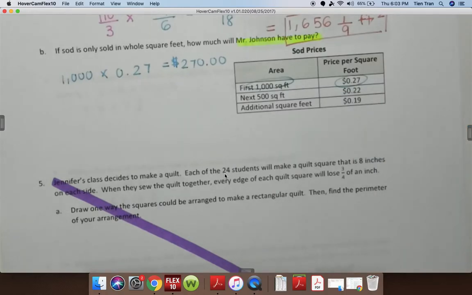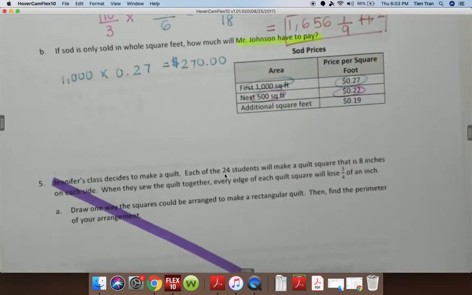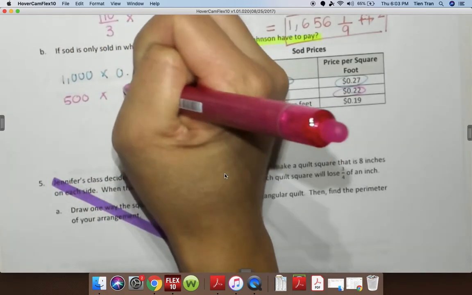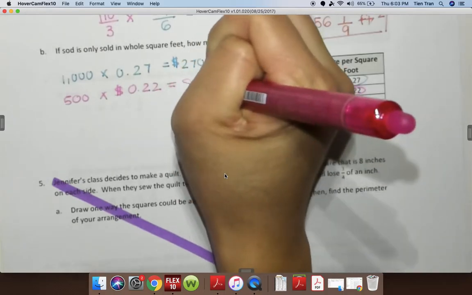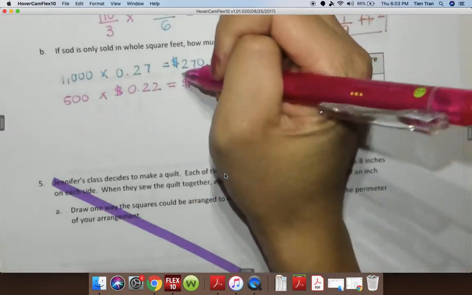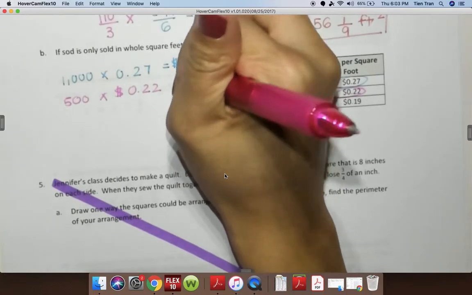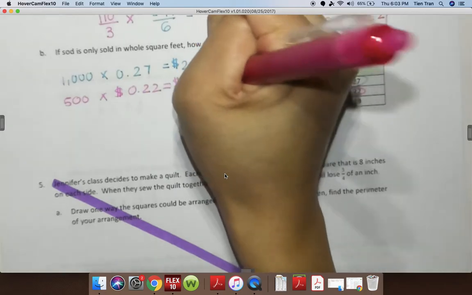The second one I am multiplying. Next is 500 square feet times, not $22, 22 cents, which is going to give me 110 dollars.